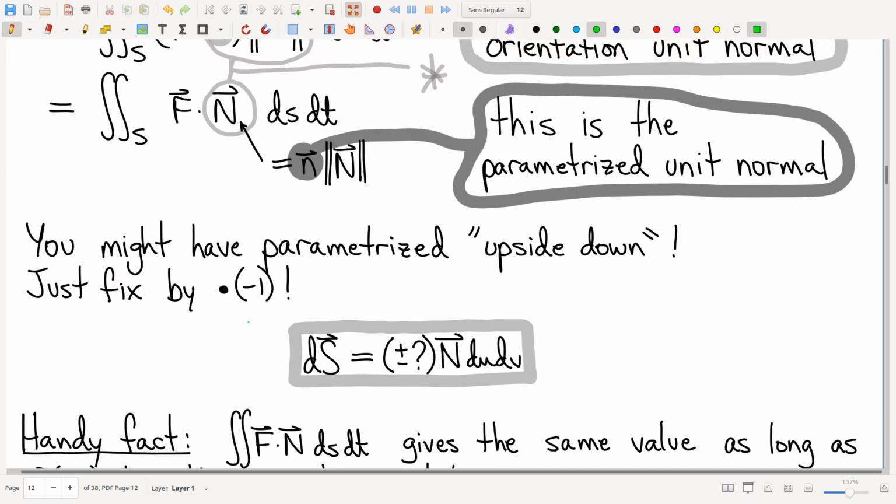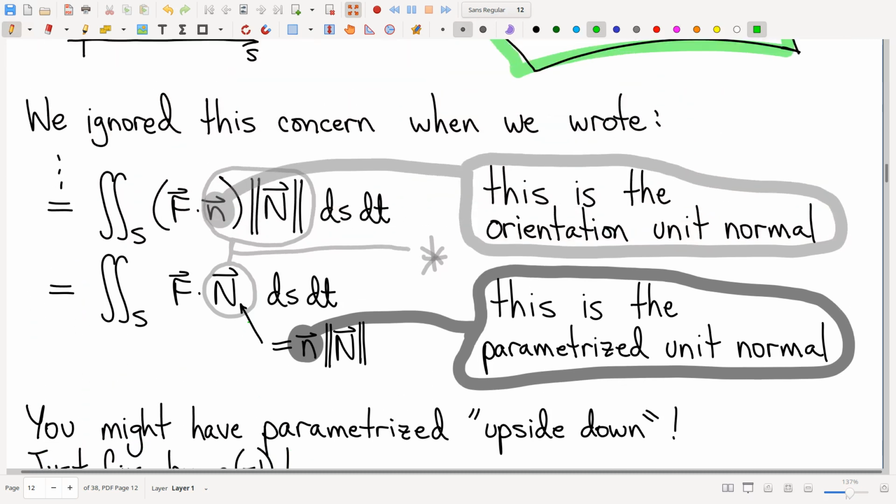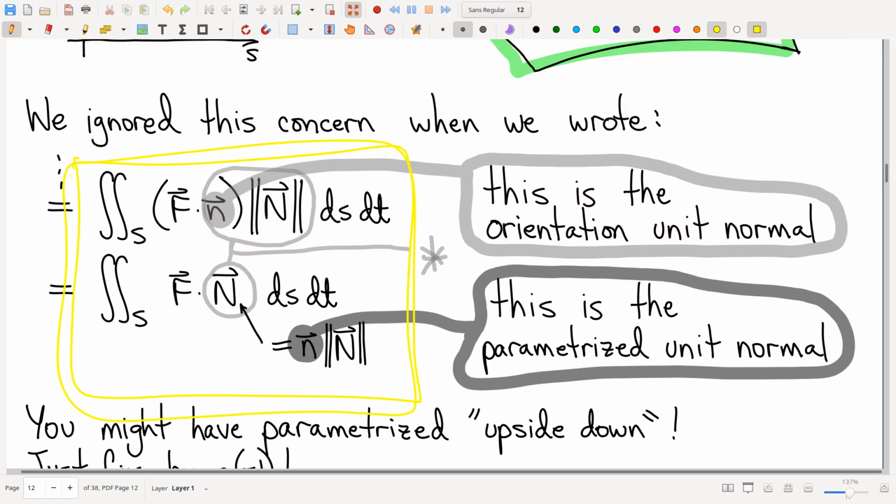To fill in from the previous page, here is a repetition of my math crime. This is what we were looking at, where I argued that this looked like a duck and quacked like a duck, and therefore it must be a duck. Well, I conflated two different things. When you're asked to compute flux in a given direction, the orientation unit normal defines which direction you're supposed to parameterize things.